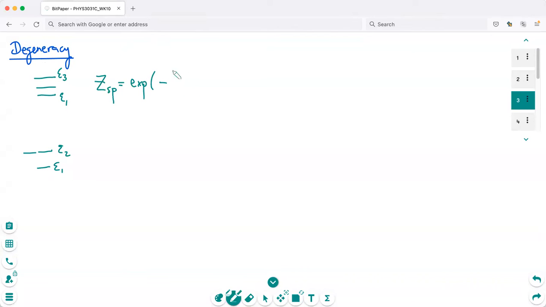This is so simple, we will just have a sum over all these exponential factors. This is what you do. And this is case 1.